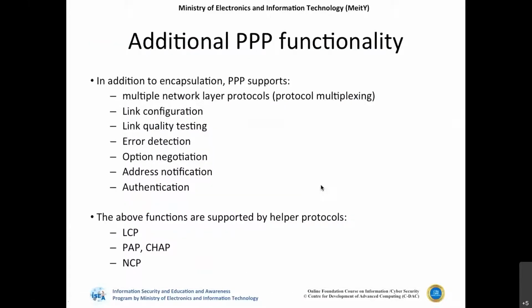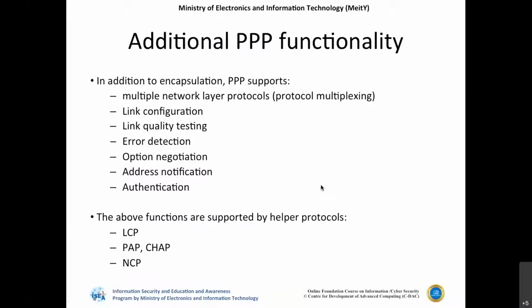There are many other functionalities available, like authentication protocols and LCP, PAP, CHAP, NCP addressing, etc. PPP supports multiple network layer protocols, which is protocol multiplexing, along with link configuration, link quality testing, and error detection.